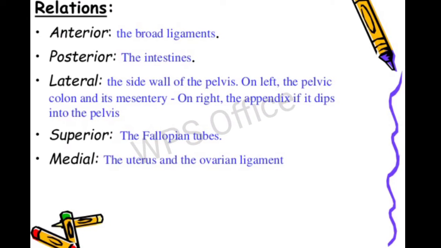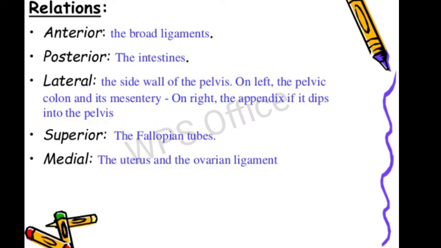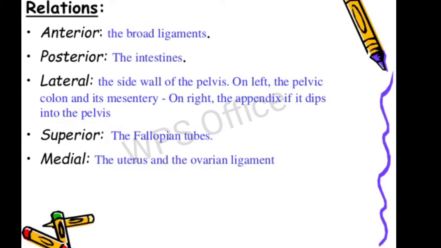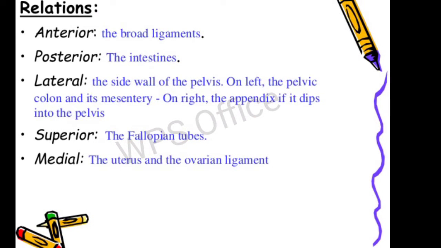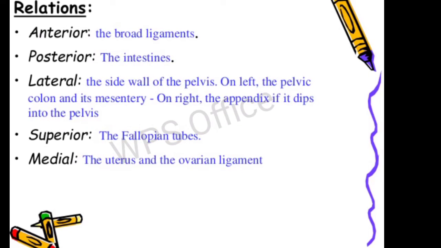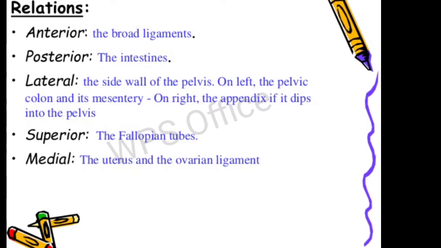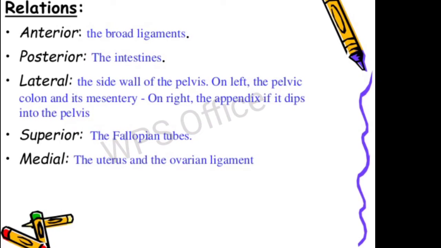Then posterior to the ovary will lie the intestine. Then on the lateral side will be the side wall of the pelvis. Then superior, above the ovary, lies the fallopian tube. Then medial, inner to the ovary, lie the uterus and the ovarian ligaments.